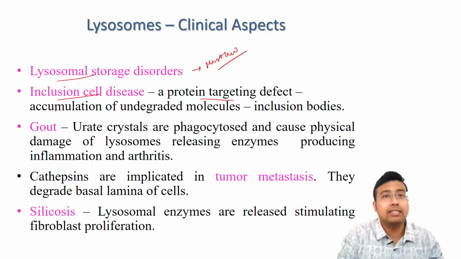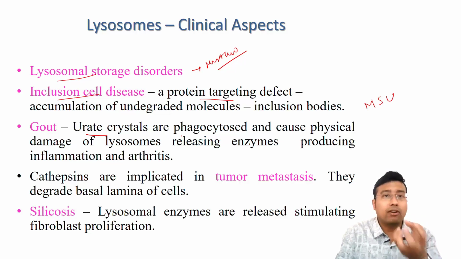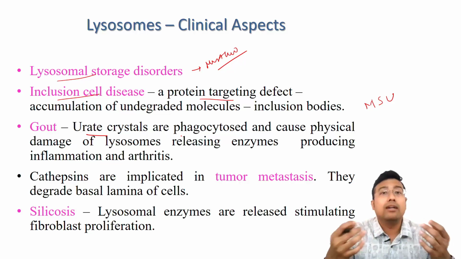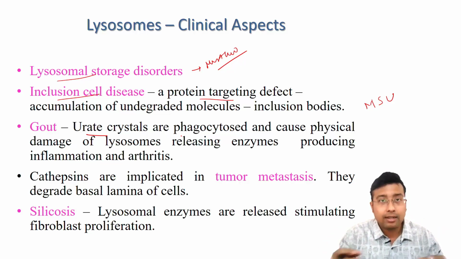So what happens in gout? The uric acid crystals, or monosodium urate crystals, are phagocytosed. They get inside the cell, destroy the lysosomes, and the lysosomal enzymes get outside the lysosomal cavity and cause inflammation and arthritis.